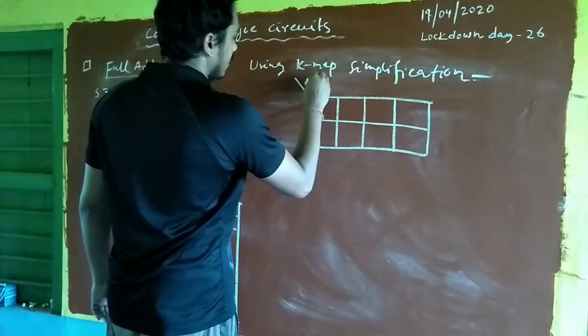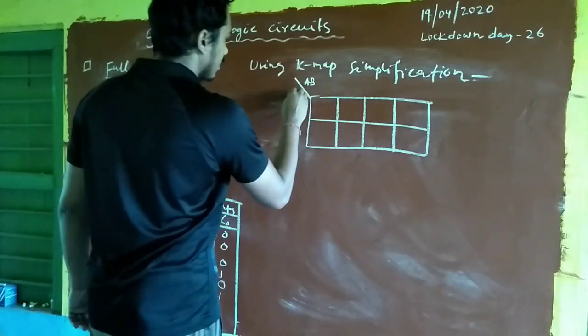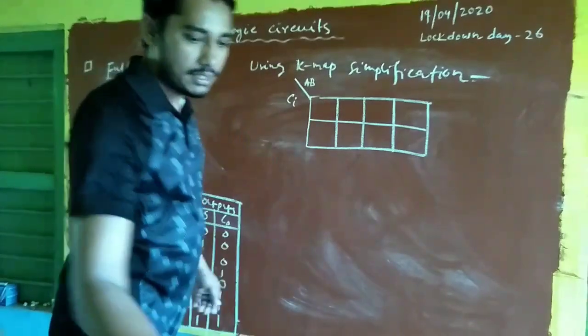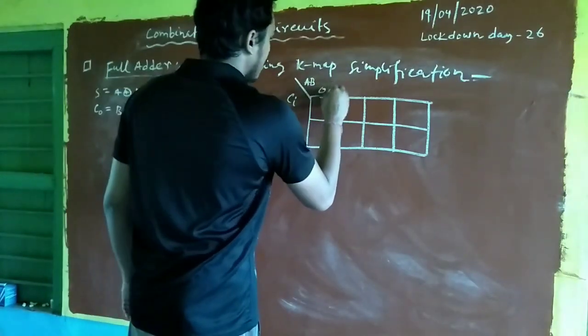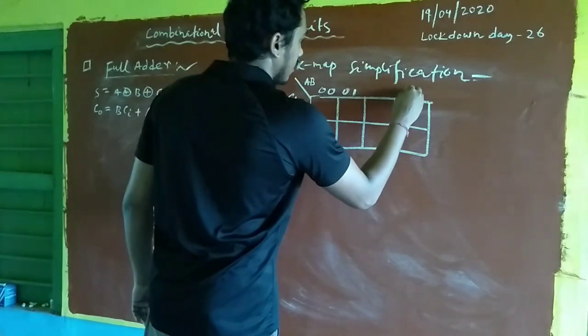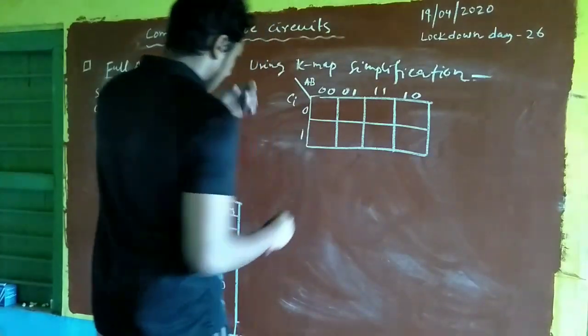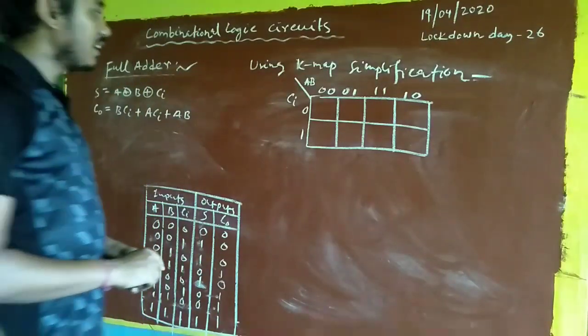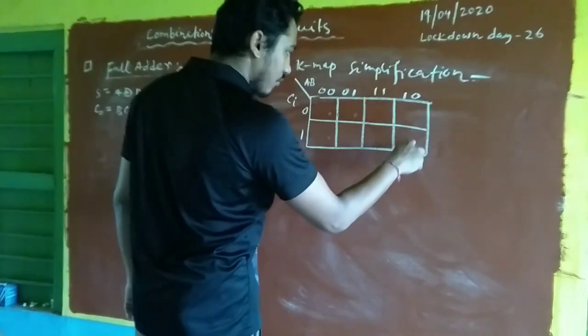For the representation of columns I am taking AB, and for the rows I am taking Ci. Now here it is 0 0, 0 1, 1 0, 1 1, and here it is 0 and 1. So the cell numbering is 0 1 2 3 4 5 6 7.